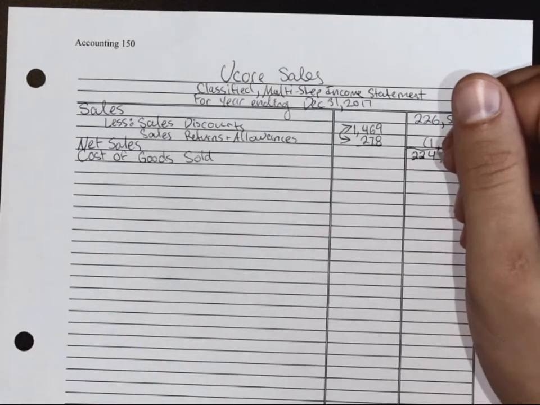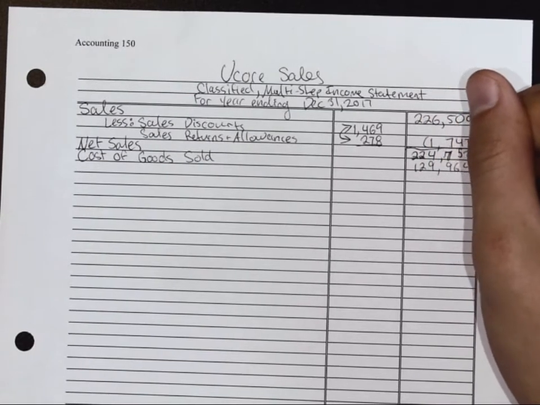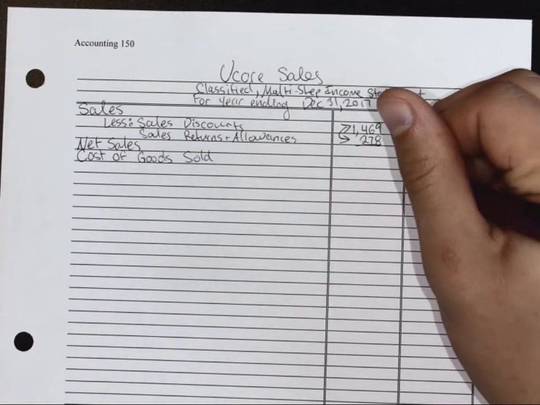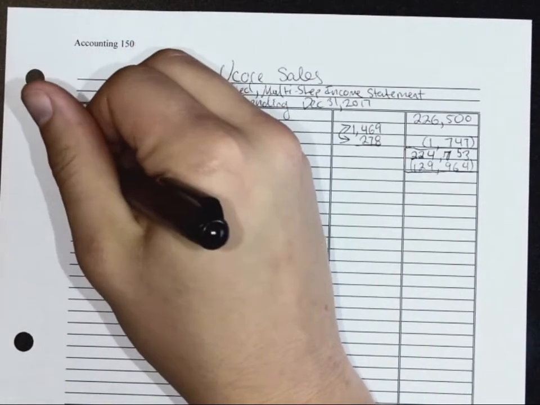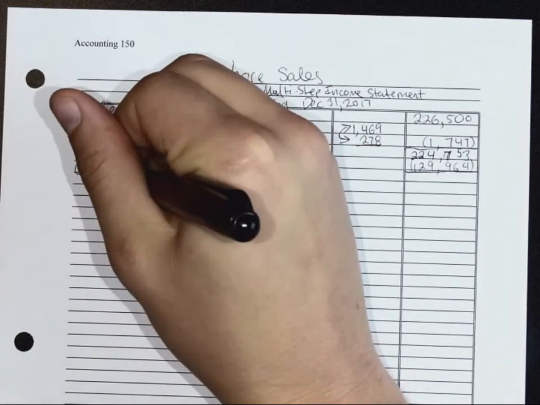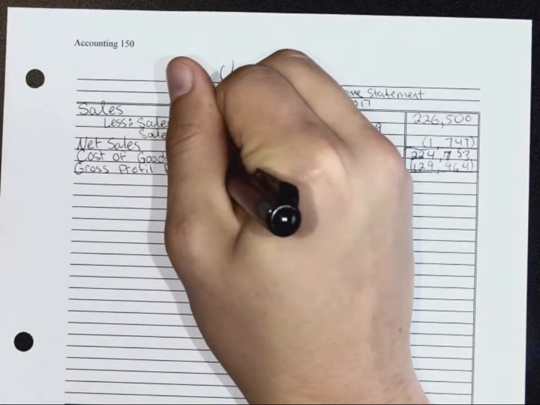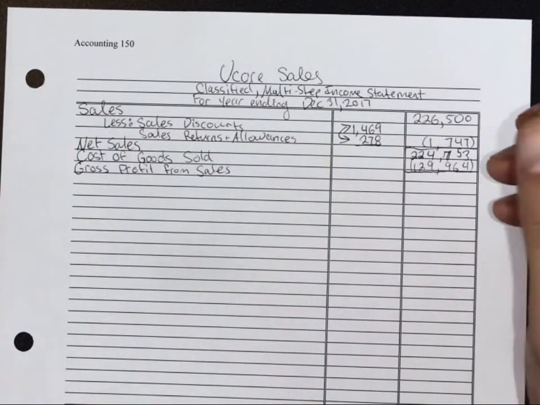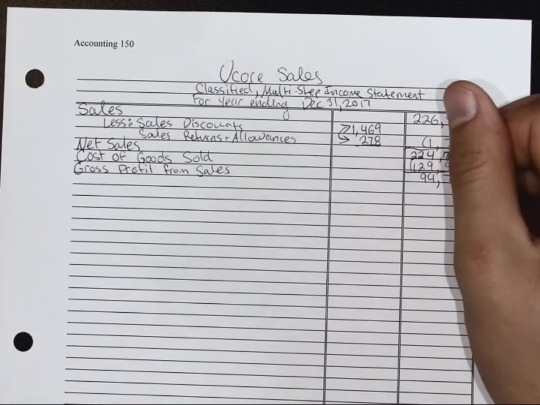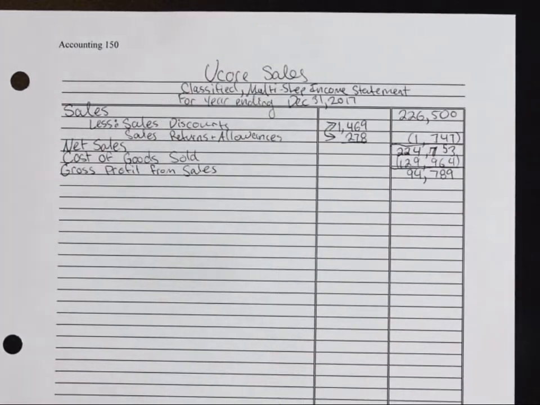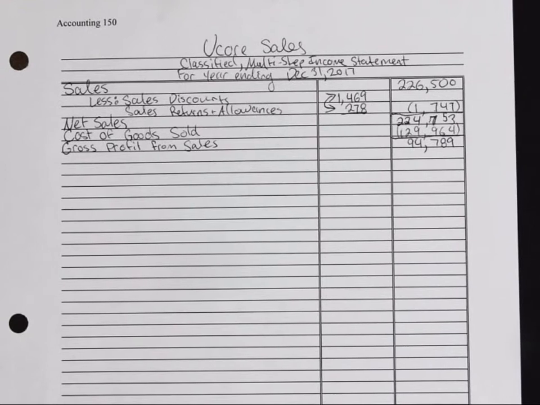Our cost of goods sold here is 129,964, and that gets our gross profit from sales. What's the number? Sorry, I can't see it. 94,789. Yeah, awesome, thank you.